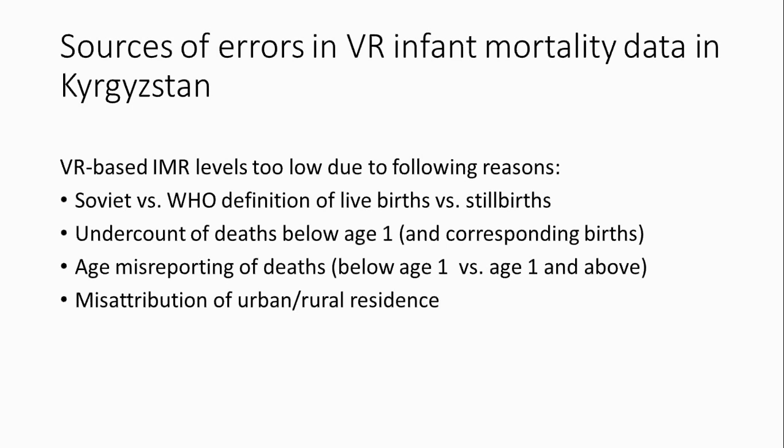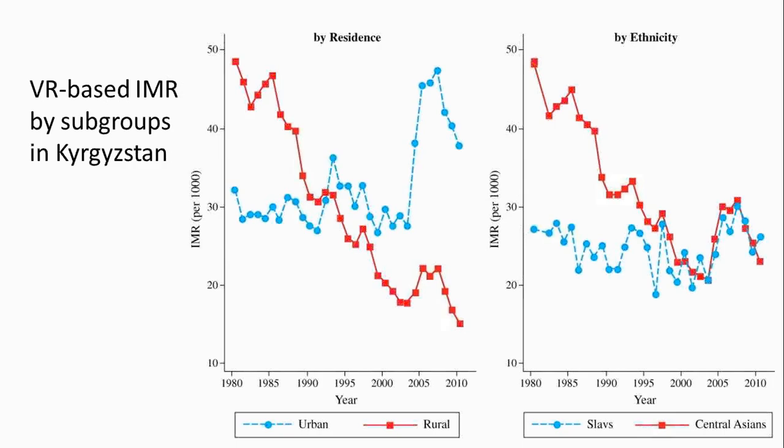As a first step in our study, we looked at the internal consistency of the regional distribution data, and some pretty implausible patterns emerged. This is all unadjusted VR data. If you look by residence, you have the urban infant mortality in blue and the rural in red.